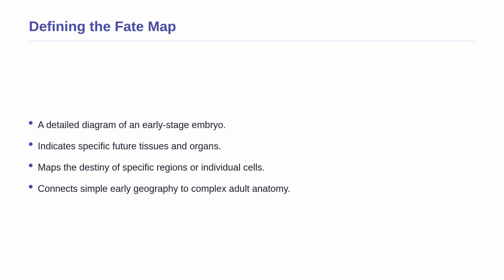By creating these maps, scientists can look at a featureless sphere of cells and point to the exact spot that will become the brain, the heart, or the skin. It is literally a map of the future. Ultimately, a fate map provides a spatial and temporal lineage, connecting the simple geography of the early embryo to the highly complex anatomy of the adult organism.